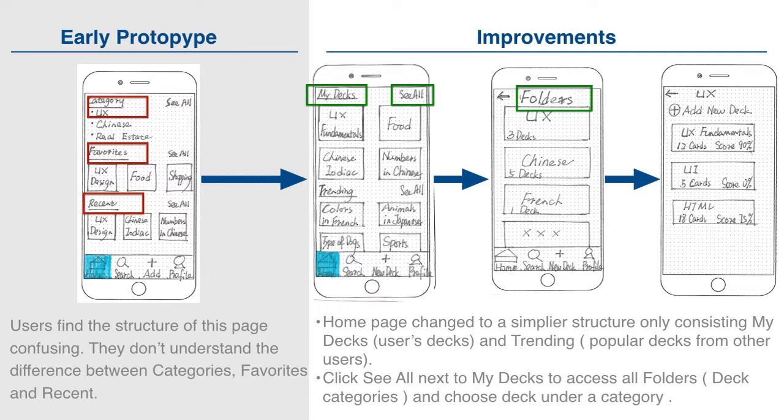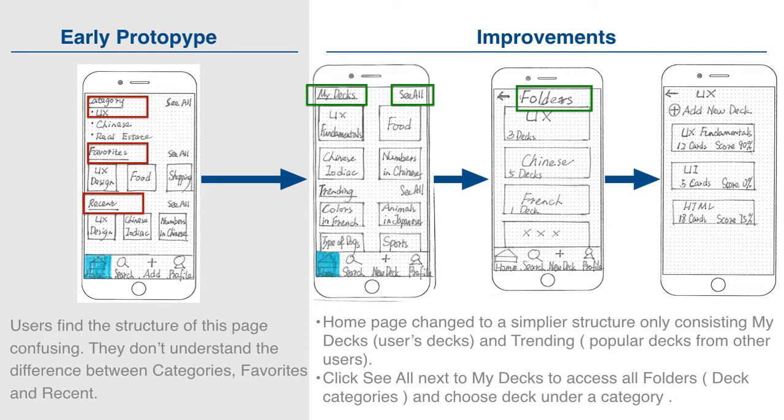So to make improvements, the first thing I did, I changed the homepage structure to a much simpler one. It only consists of 2 parts, my decks and the trending.